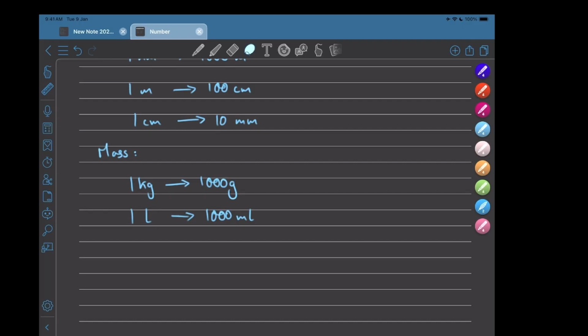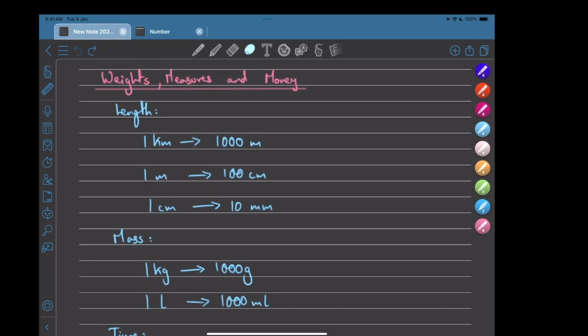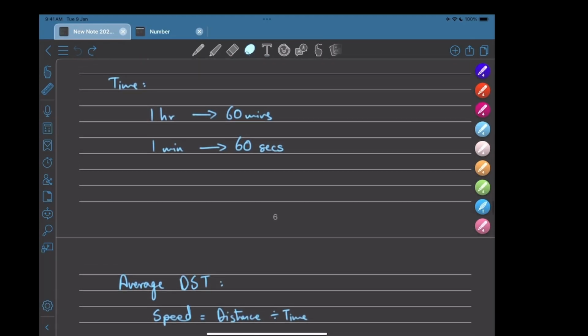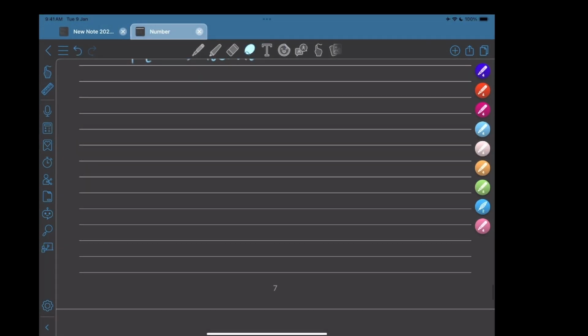1 kg is equal to 1000 grams and 1 liter is equal to 1000 milliliters, because you will have questions of water flow and those kinds of questions where these things are very important to know. If you don't know the conversion, you will face difficulty in those questions. All these conversions that I'm giving you are what you will have.